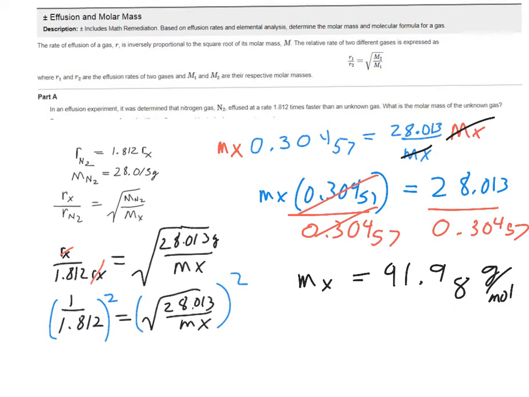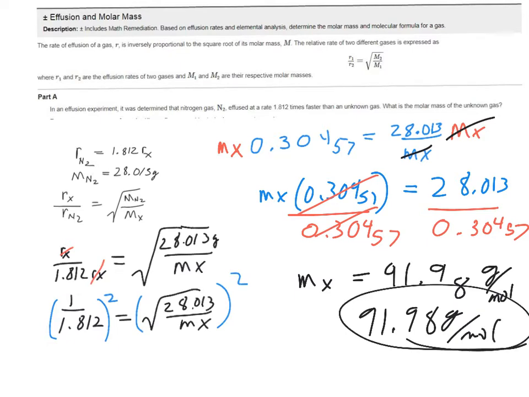I was doing 3 sig figs, but it really should be 4 because they gave us 4 there. So it really should be 91.98 grams per mole. And that's the answer to part A. Let's take a look at part B.